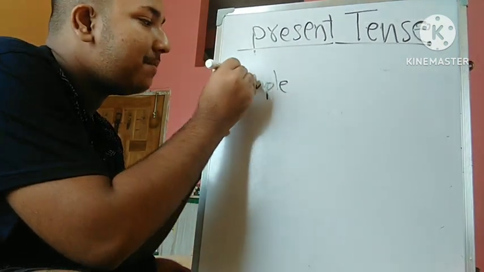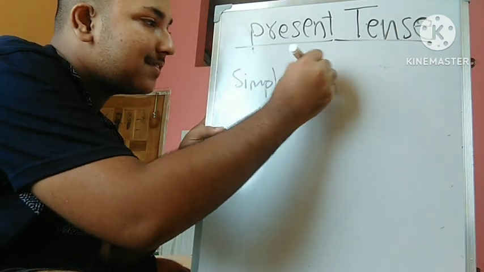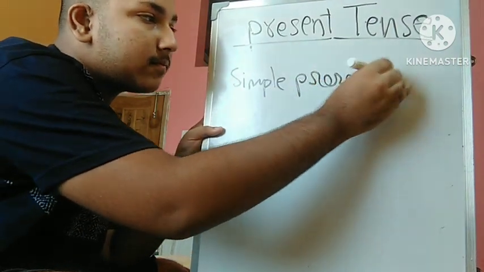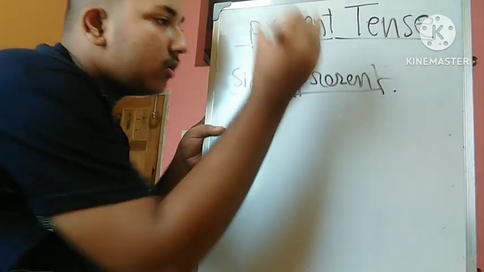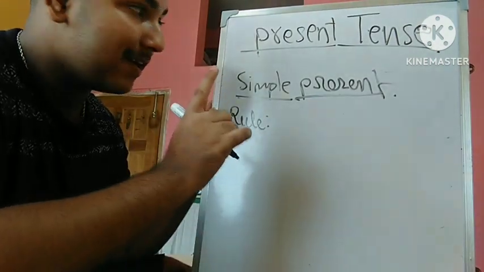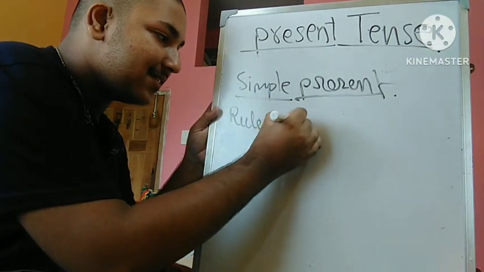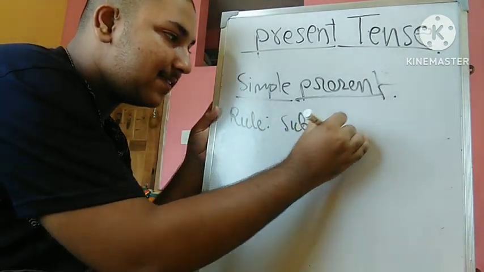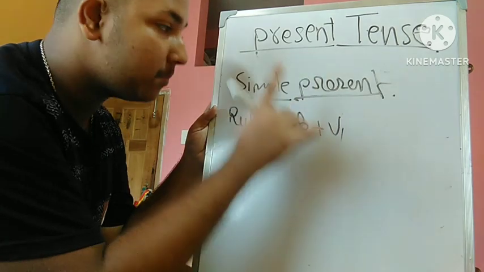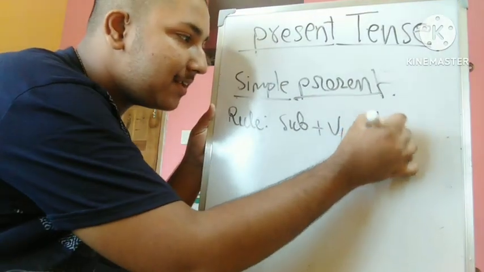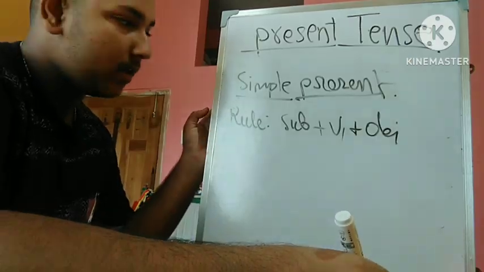I am writing simple present tense. Okay, simple present. So what is the rule of simple present tense? It is very simple. First of all, we have subject plus verb first form, subject plus V1 plus object.